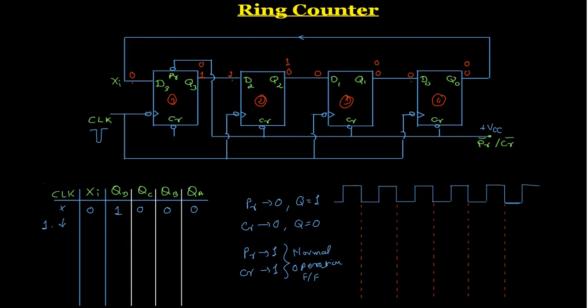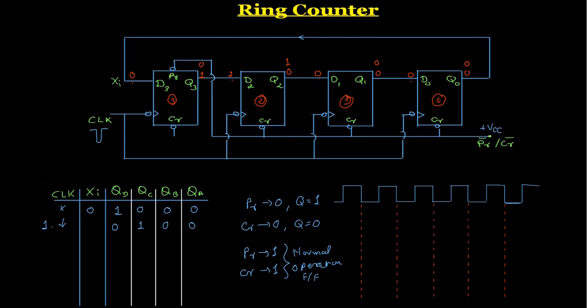So here, after applying this negative edge, the QD output is 0, Q2 output is 1, QB output is 0 and the QA output is also 0.